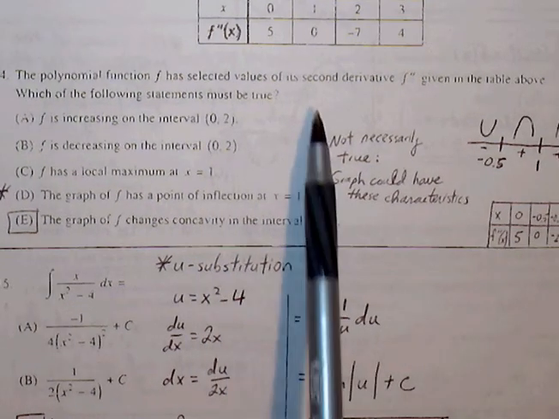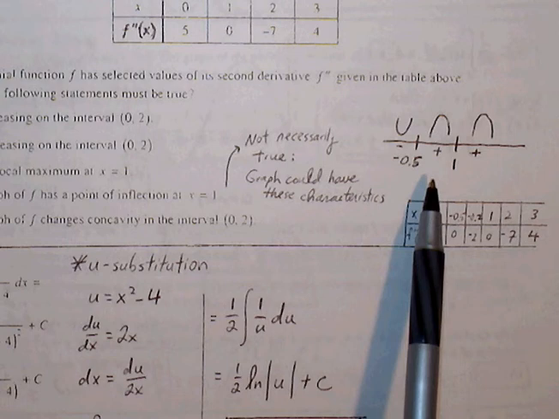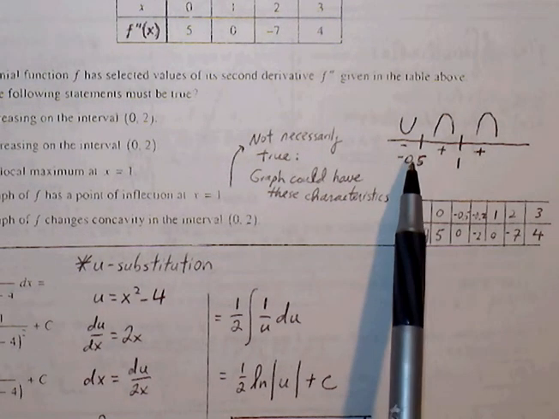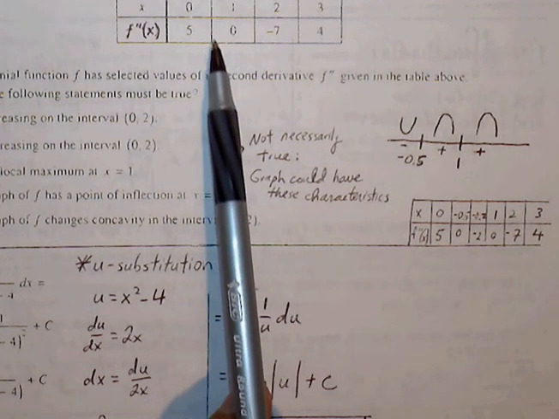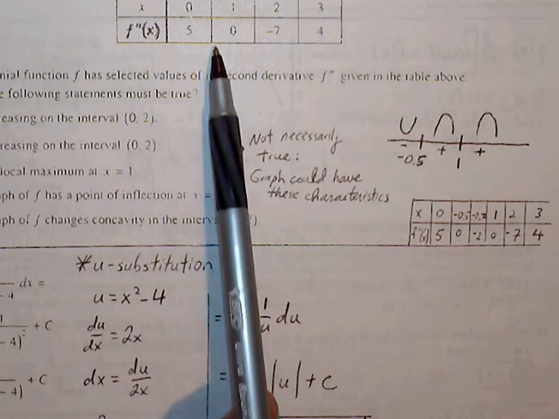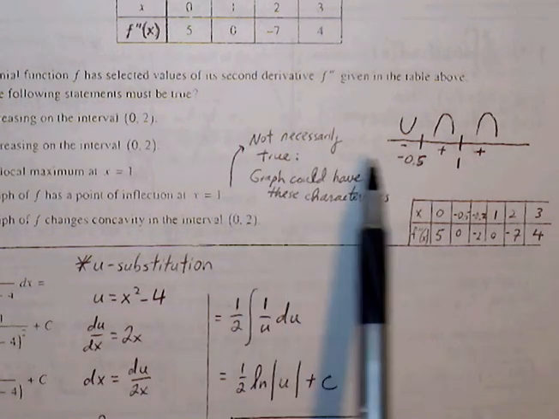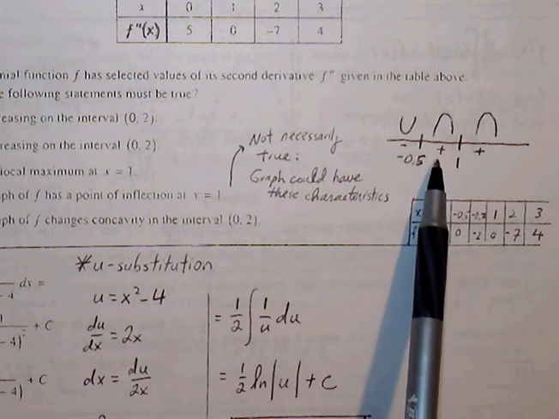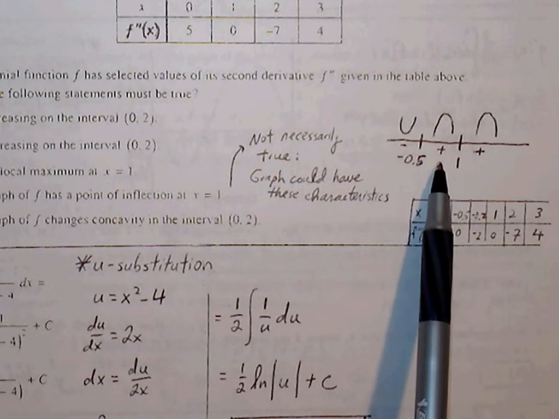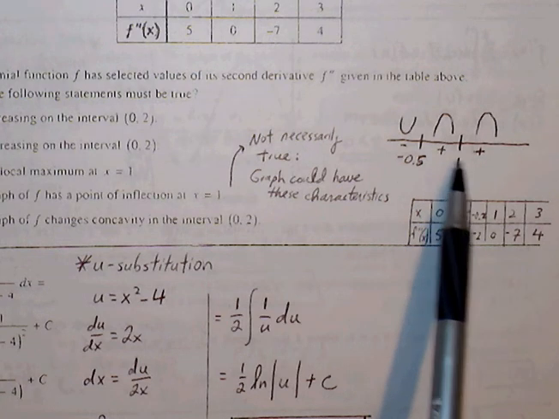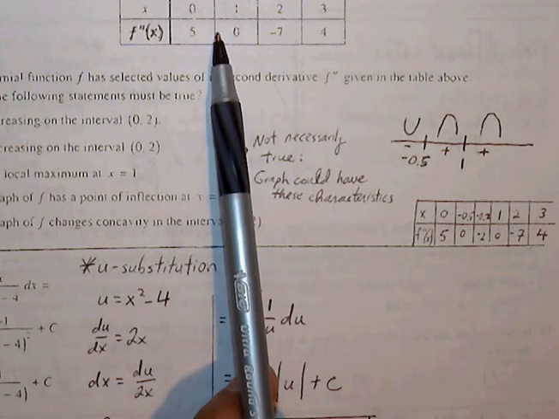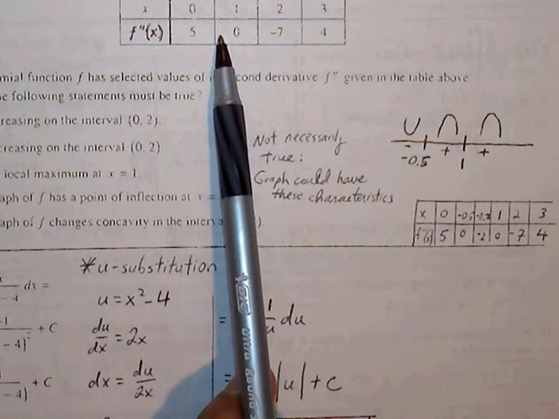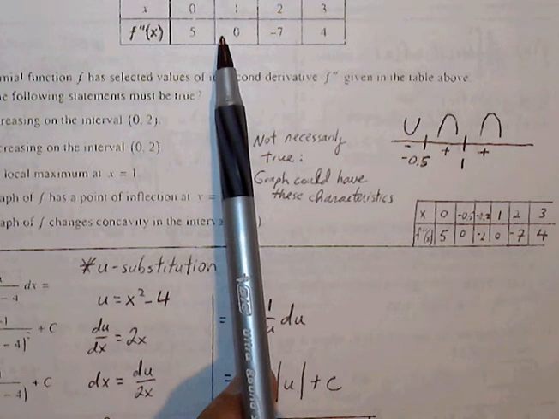However, what if the graph looks like this? What if between 0 and 1, there's a negative 0.5, and let's say negative 0.4 has a concavity of a positive value. Then that means there may not be a change in concavity at 0, because maybe to the left of this ordered pair we're also going to get a negative value.